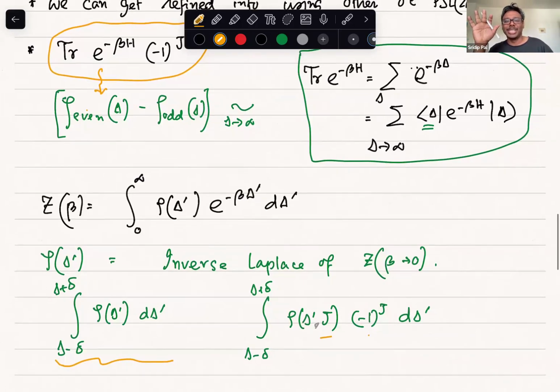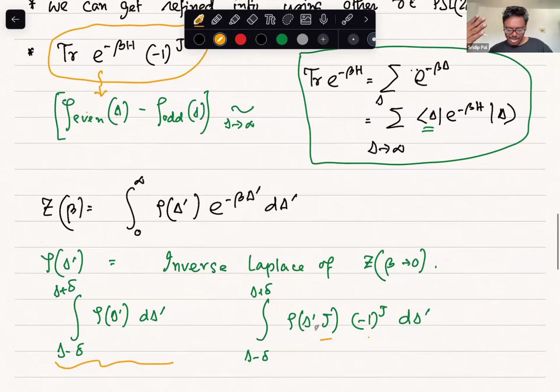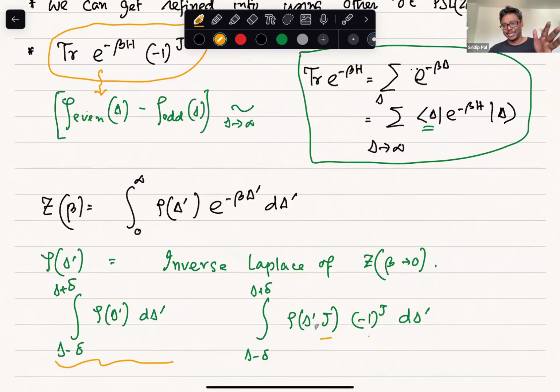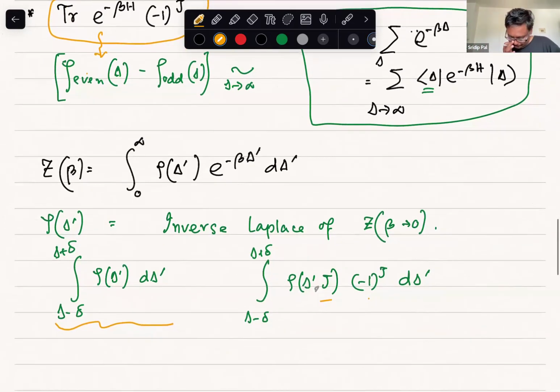At the end of the day, in the case of the Cardy formula, you can write down some rigorous theorems. But in this case, when you have an insertion of (-1)^j, you have to be satisfied with physics arguments. You cannot write down any rigorous theorems at this stage.